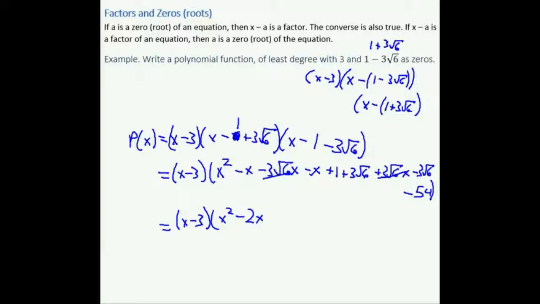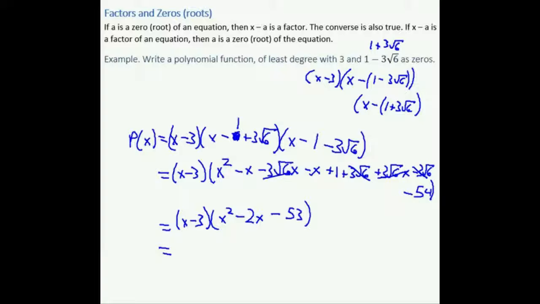We already used this negative x. We have 3 root 6 and a negative 3 root 6. Those become 0, and 1 minus 54 is negative 53. Well, that worked out nice. It doesn't have any irrational numbers in it.